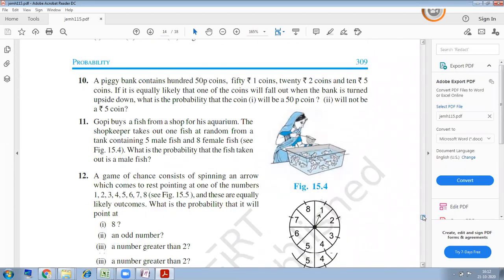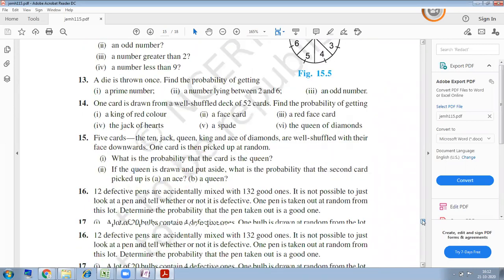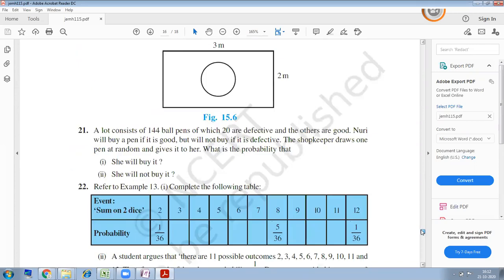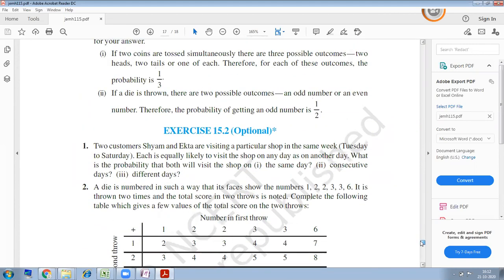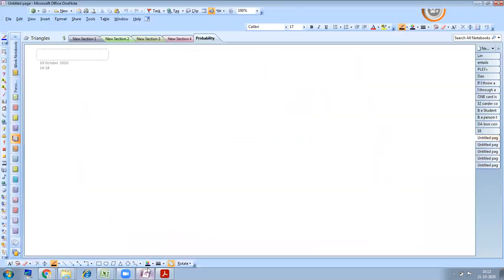Two players, Sangeeta and Reshma, play a tennis match.